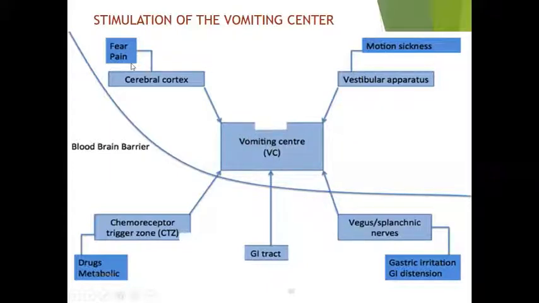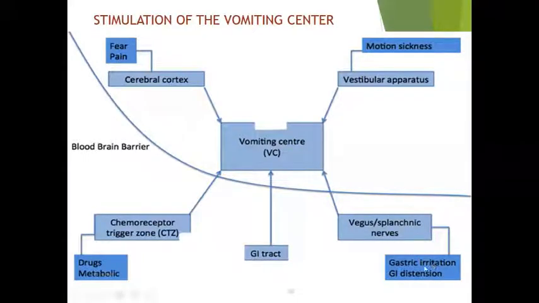Fear, pain, the cerebral cortex will send stimulatory information to the vomiting center. Then you can vomit. Motion sickness, I've already explained. The vestibular apparatus, those semicircular canals that contain hair cells, once they are stimulated more, then the brain is confused. Then it can also send stimulatory information to the vomiting center. Then gastric irritation.